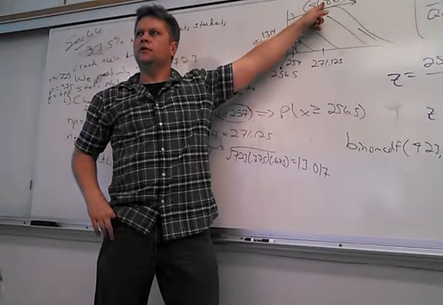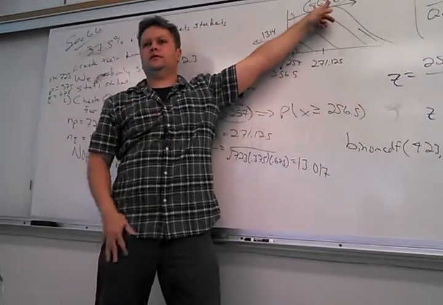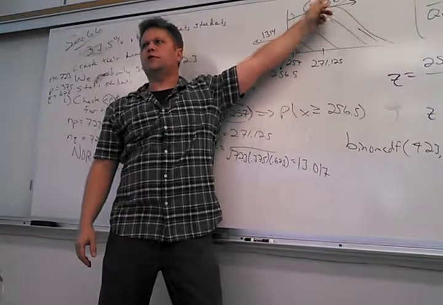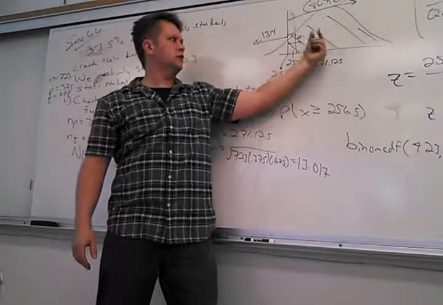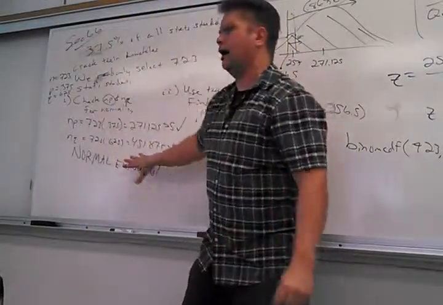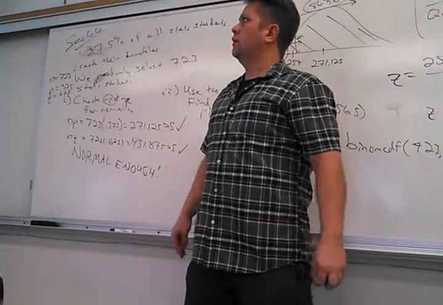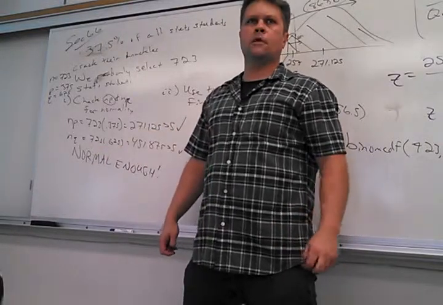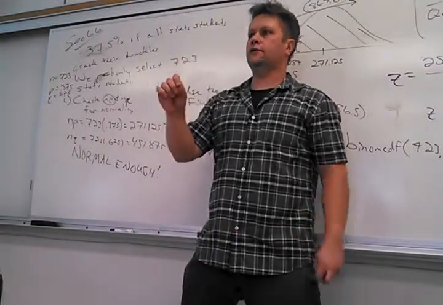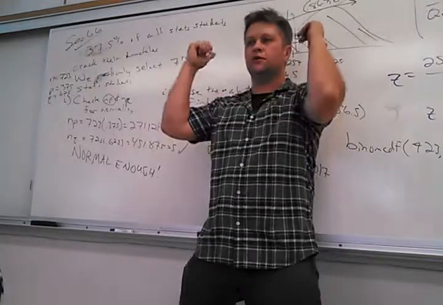You guys with me? So don't think that check will tell you exactly. It should just be close to this. This is always going to be just an approximation because I'm trying to use something that I really shouldn't be able to. Well, we checked it all out. We said, yeah, we can use that. We can get pretty close. The huge thing to get out of this, probably the most important thing, you have to be able to do this whole problem.